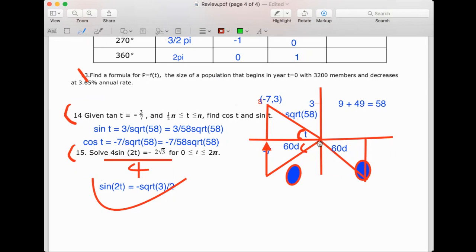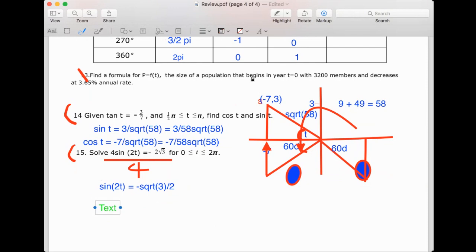Okay, anyway. Here, look at this coterminal line. The angle for the third quadrant, we measure from the starting point up to this coterminal line, which is this angle. That means 2t.